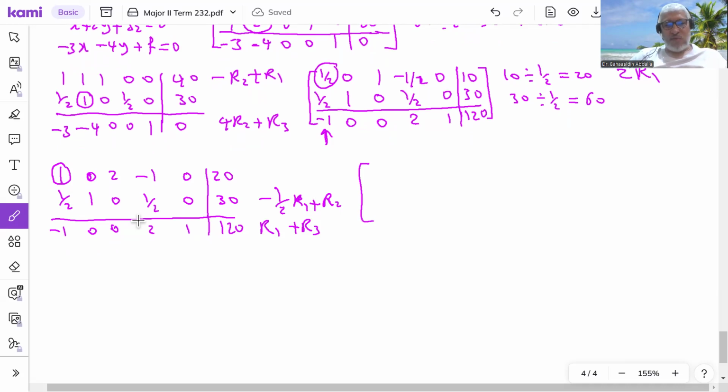The new matrix would be the first row without any change. Negative half plus half, 0. Negative half times 2 is negative 1 plus 0. Half plus half, negative half times 0, 0 plus 0. Negative half times 20 is negative 10 plus 30.